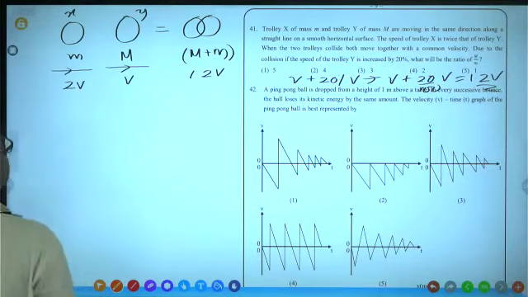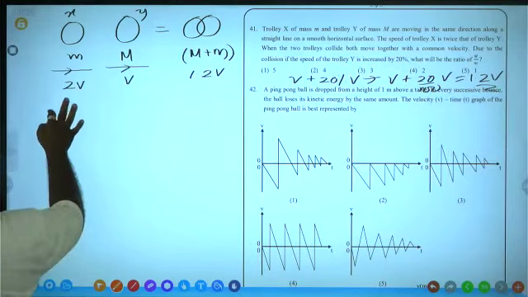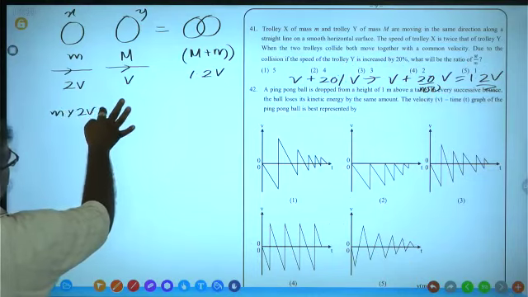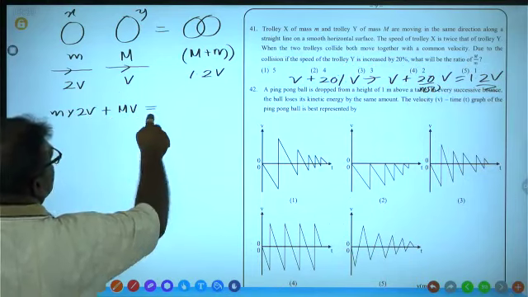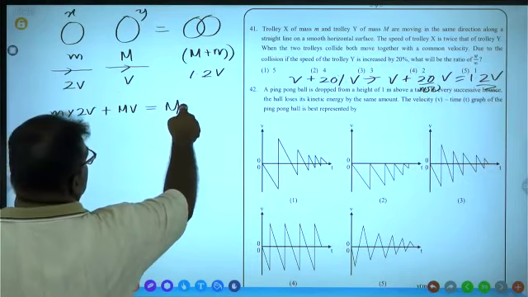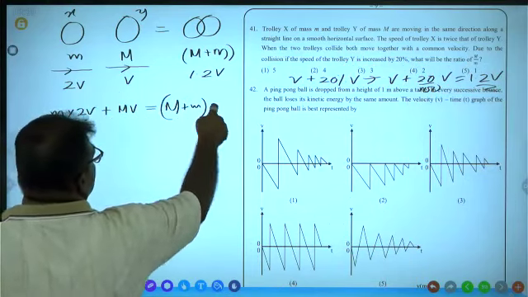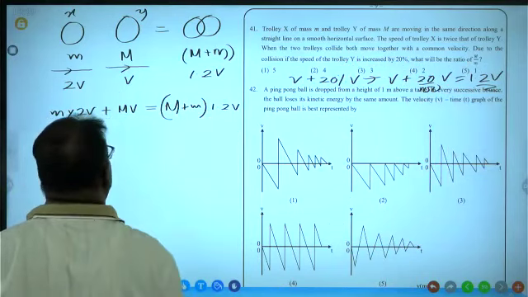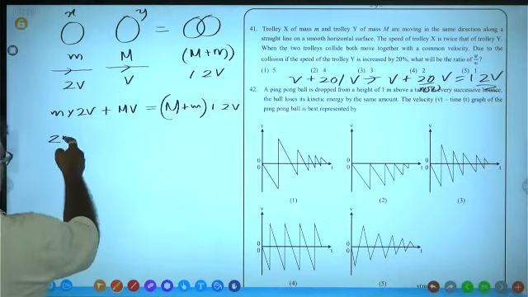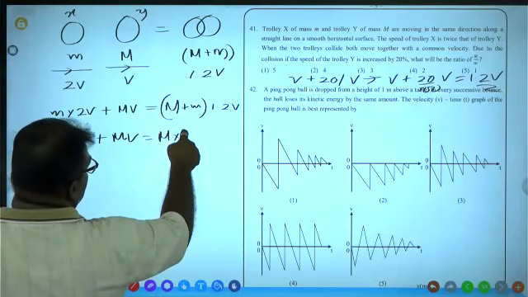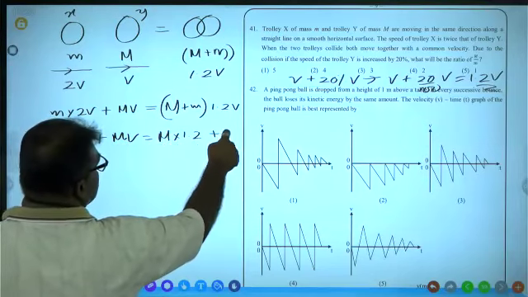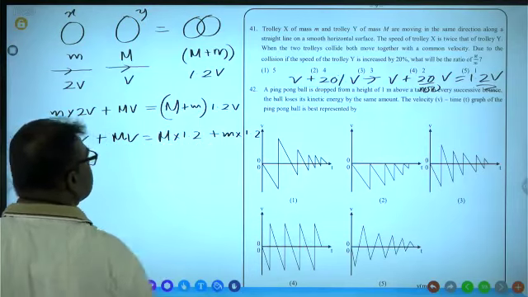Then we can use momentum conservation. m into 2v plus M into v equals M plus m into 1.2v. That is 2mv plus Mv equals M into 1.2 plus m into 1.2.